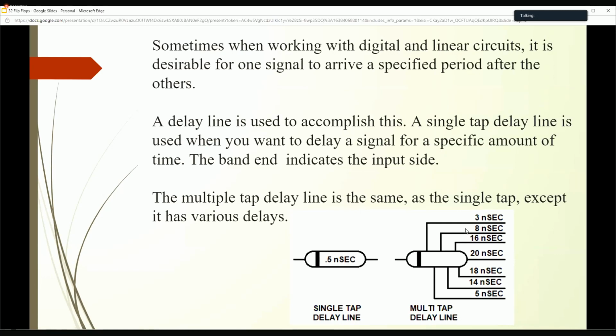I mean, 3 nanoseconds. So we're really talking about small increments of time. This would be a single tap, meaning that you're basically delaying what's coming down this line by 0.5 nanoseconds. Here, with this multi-tap, you're delaying what's coming in by any of these options that you might need.